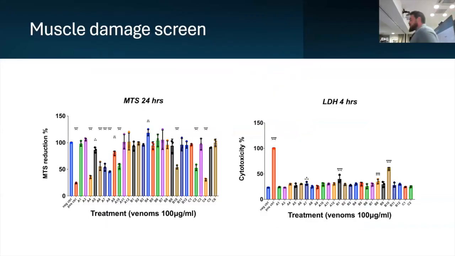Initially we did a screen of 30 different invertebrate venoms to try and identify some species that we would want to work with. The first three species are scorpion venoms, which we ended up using for a blood screen, which I won't talk about today. We initially screened on MTS, so we're looking at cell viability, and LDH, so cytotoxicity or pore formation.